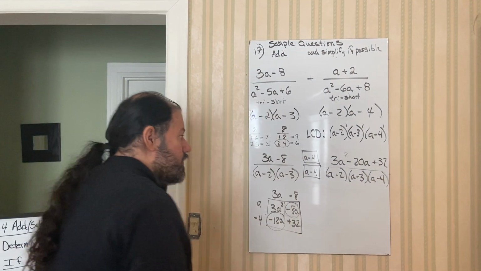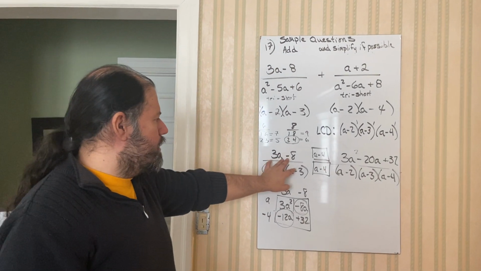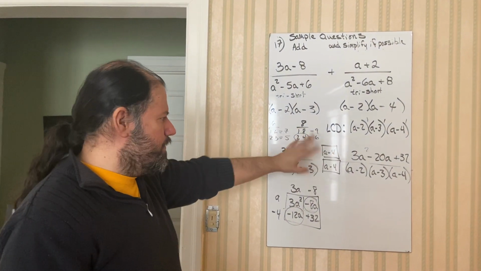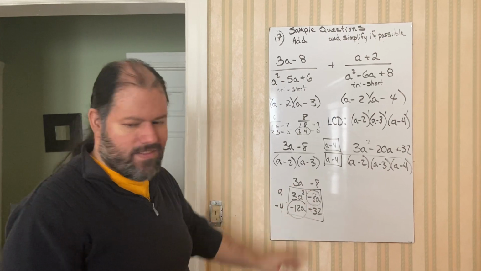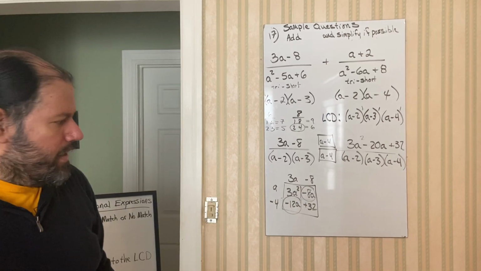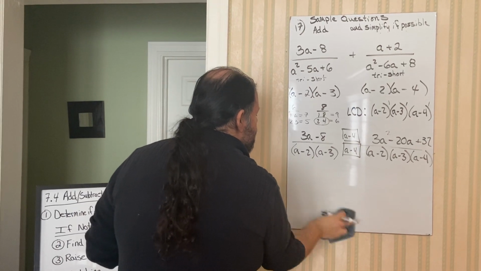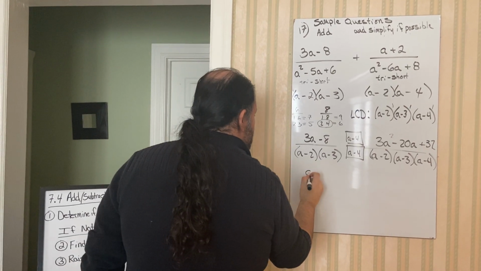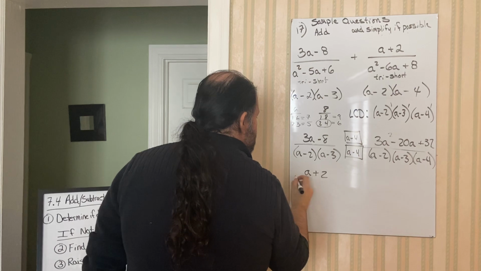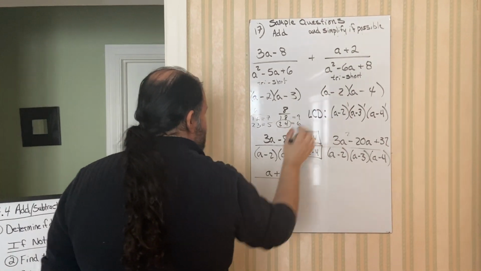So that's where it gets a little tricky, is multiplying a binomial times a binomial. If you're my distributors, that's fine, or if you're my rectangles, that's fine. Gotta make some space for the other. A plus 2. Remember, use the factored form.